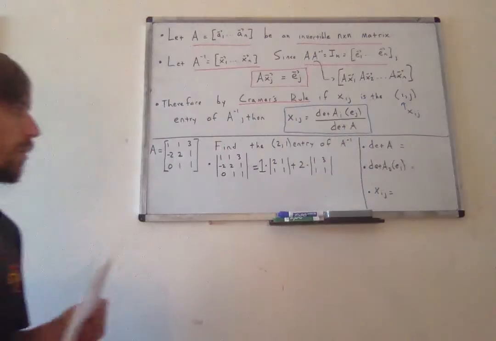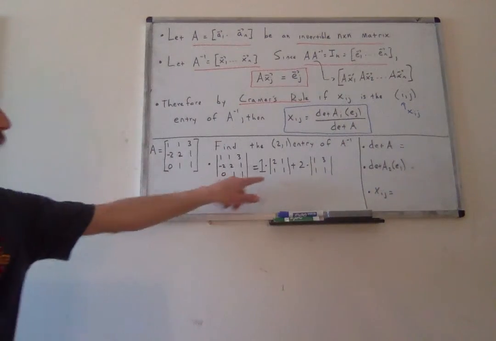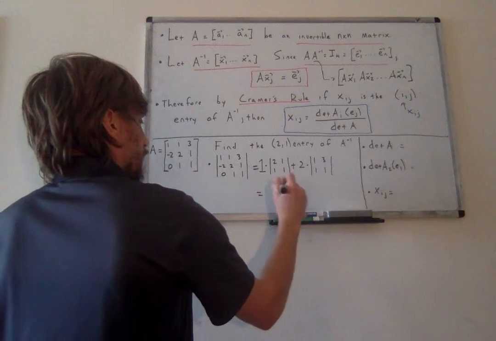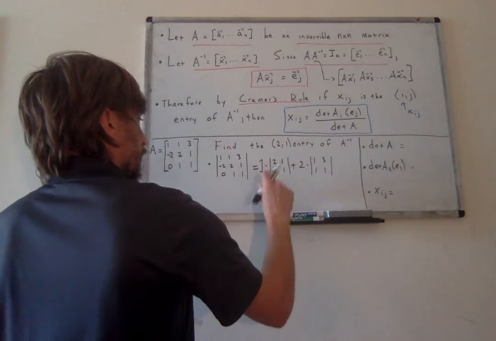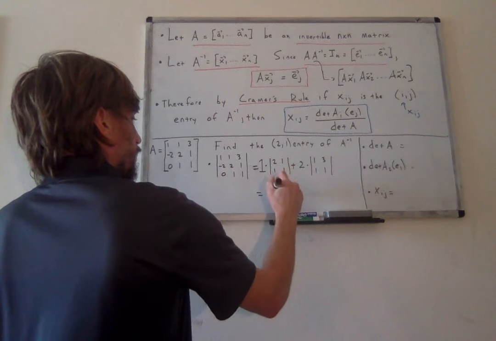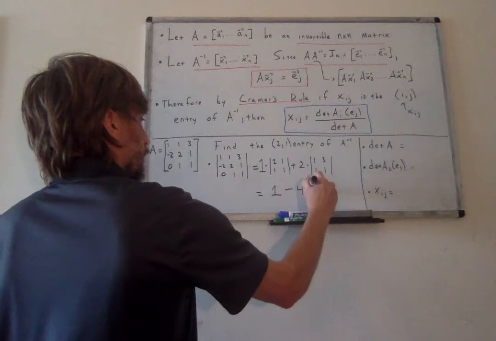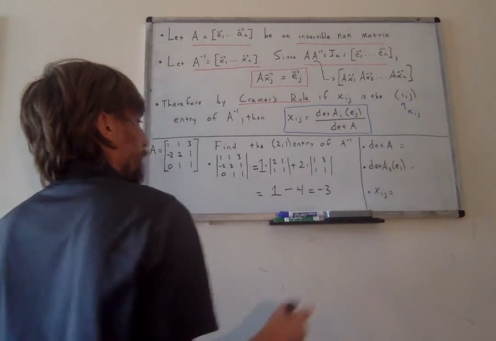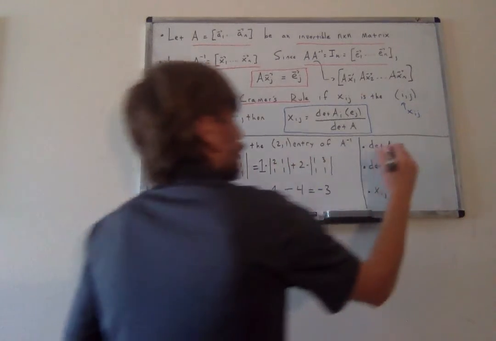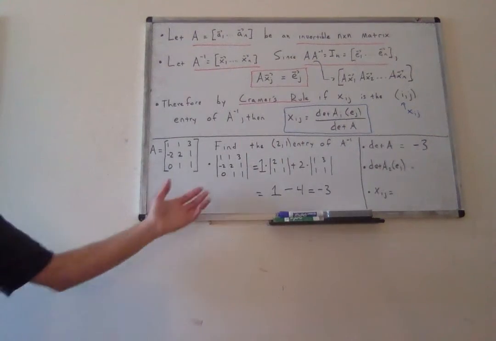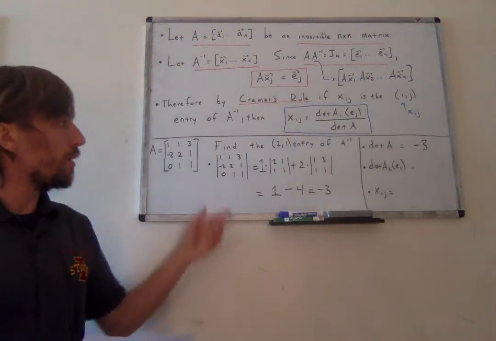Since the third entry of the first column is 0, I only have to worry about these two terms. And so that gets me 2 minus 1 times 1 is 1. Here I get minus 4. And this should be negative 3. So the determinant of A is negative 3.